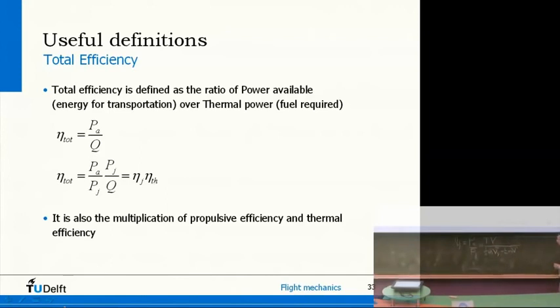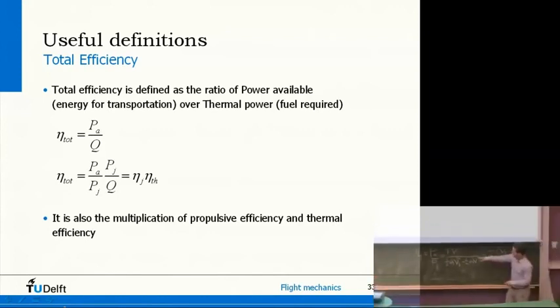Now, we already have an equation for the thrust, because thrust is mass times Vj minus V. And then of course we still have this V here, so multiplied with V. Now there's a half m here in both sides, so I can divide by half m.